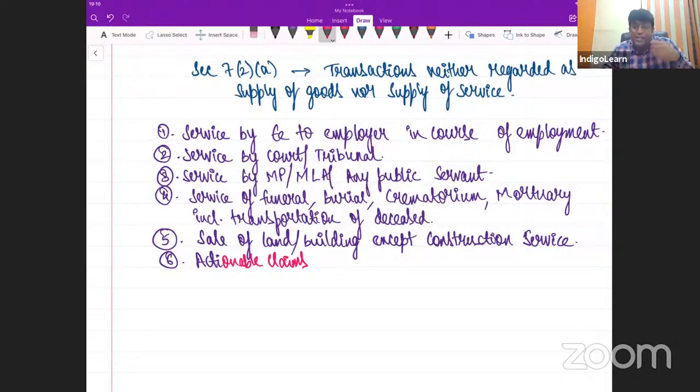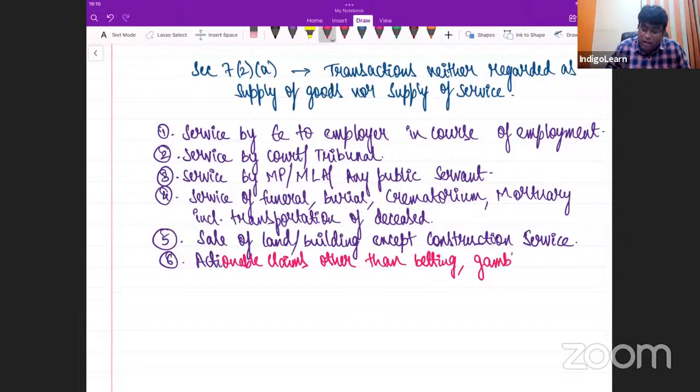You can file a case in the court of law. That's why we say a claim which can be actioned in the court of law. Actionable claim other than betting, gambling, and lottery. That means on betting, gambling, lottery, GST will apply.